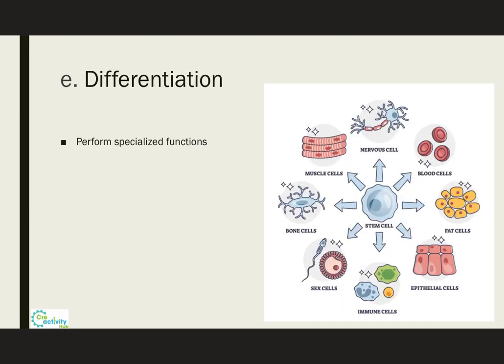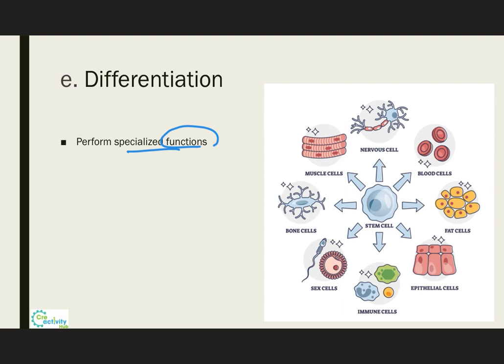Here we have differentiation. In multicellular organisms, the individual cells become specialized to perform particular functions. This specialization is called differentiation. Growth and differentiation in cells and organisms often produce changes in form and function.